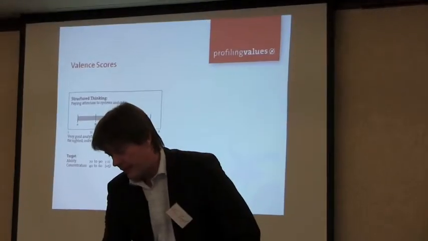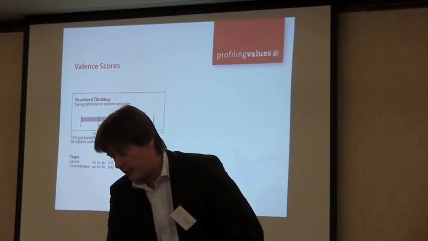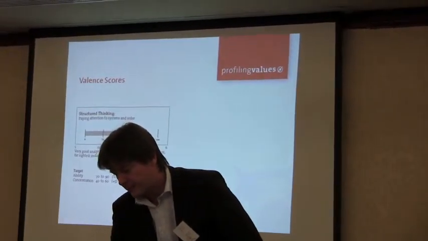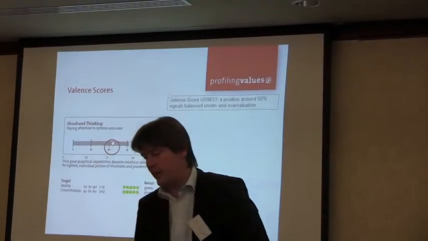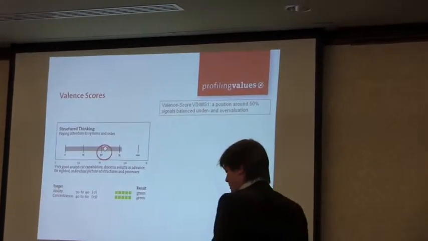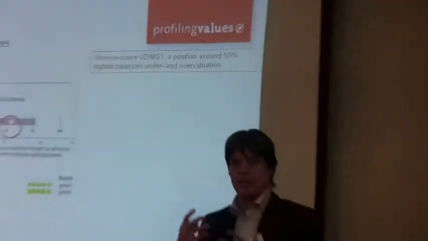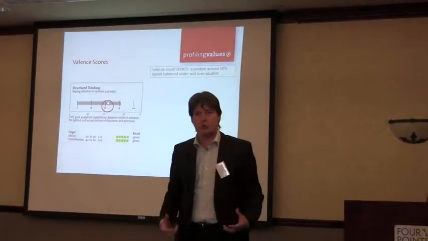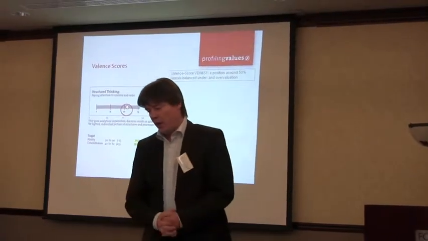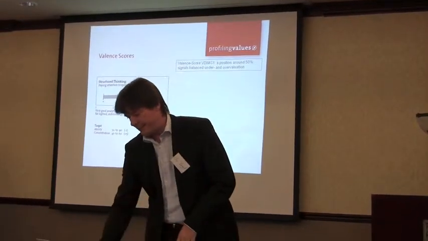Let's have a look at the diamond a little bit closer, the balance here. In general, as I mentioned before, the balance around 50% means a balanced view, a balanced approach to the ability.